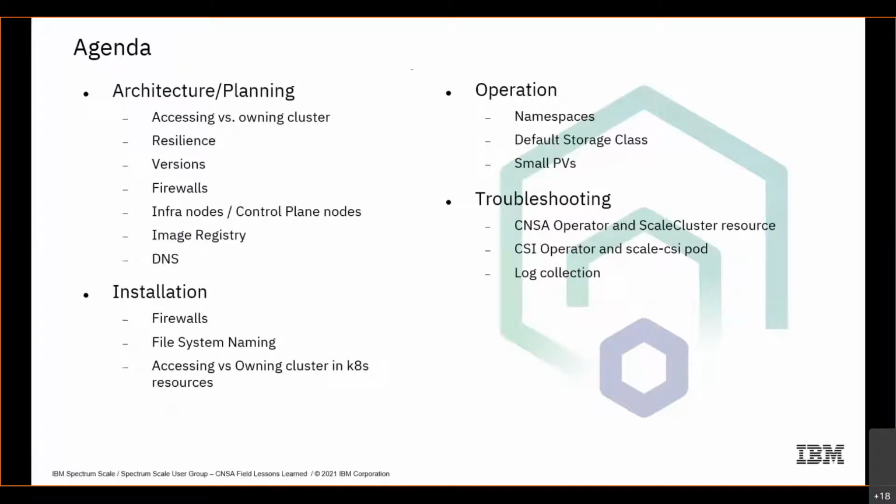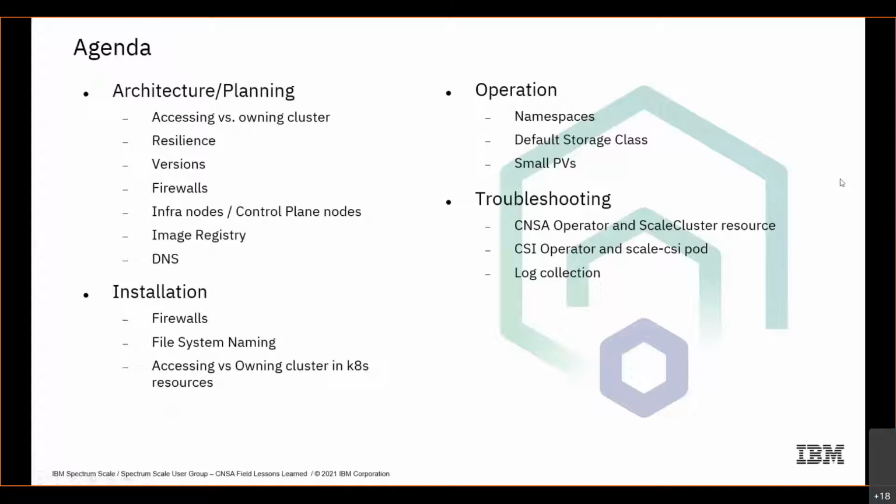So I'm going to attack this from a couple of perspectives. First, let's look at what to watch out for when you plan and consider the architecture for CNSA. Then I will go into some hurdles with regards to installation. One of those you've just seen, this pull limit issue is also in there.